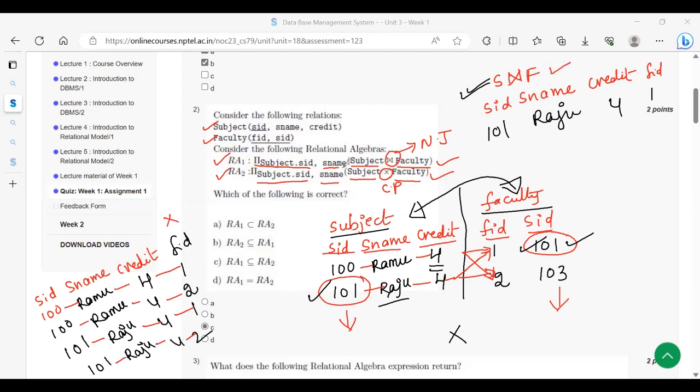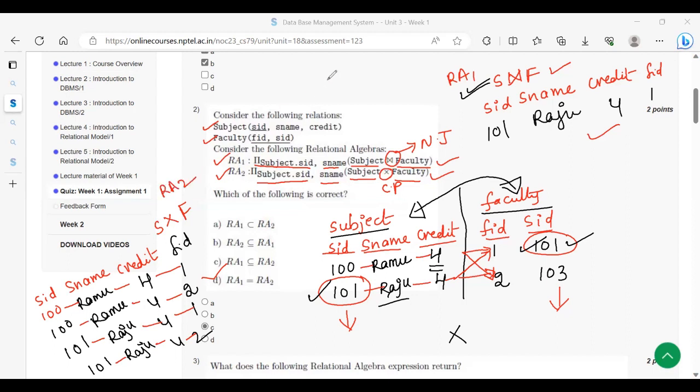This is called a natural join. If you see the relation between these two tables, let us call this RA1 and this RA2.